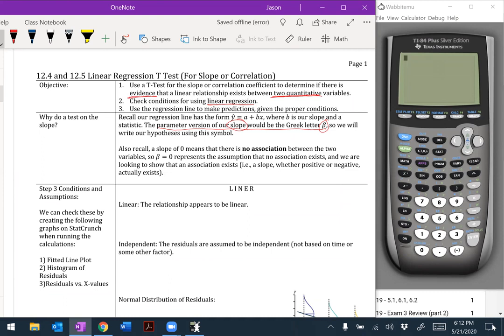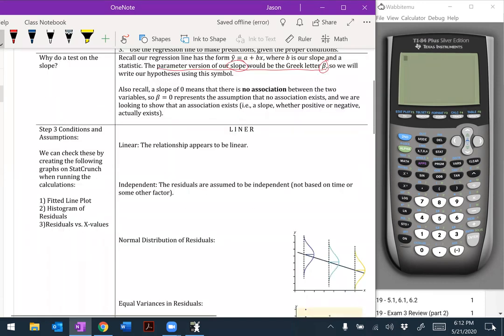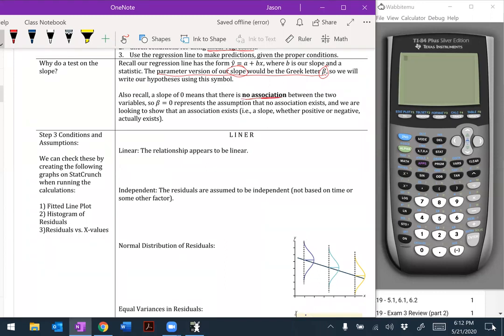So we'll write our hypothesis using this symbol. Also recall a slope of 0 means that there is no association between the two variables. So beta equals 0 represents the assumption that no association exists, and that we are looking to show that an association exists. A slope, whether positive or negative, actually exists.